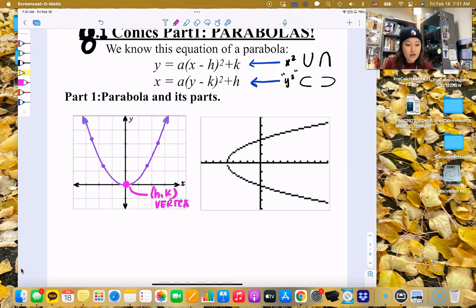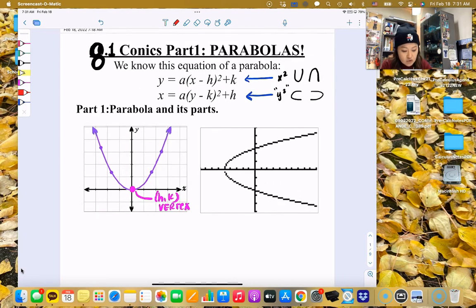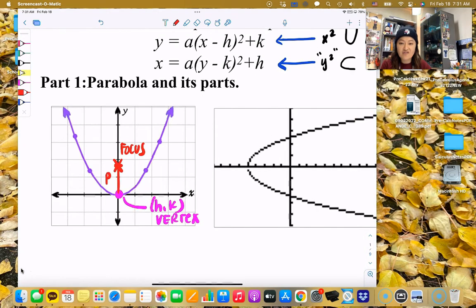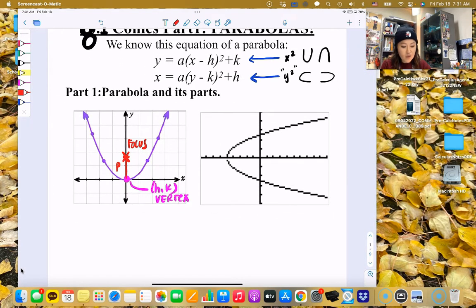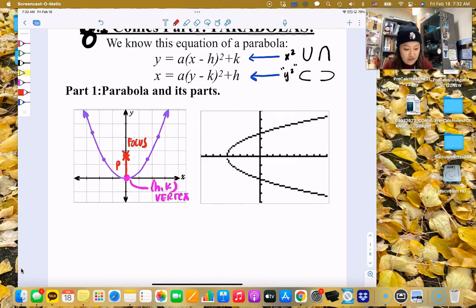But I want you to imagine this guy's your tummy, right? Where is your belly button? It's inside somewhere, right? So the distance from the vertex to P, we're just going to call something P, right? A P distance away, that's called the belly button, or the focus. Okay, that's called the focus, all right? The focus. And you know what's there behind the vertex?